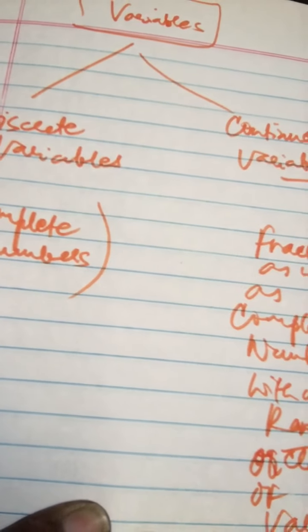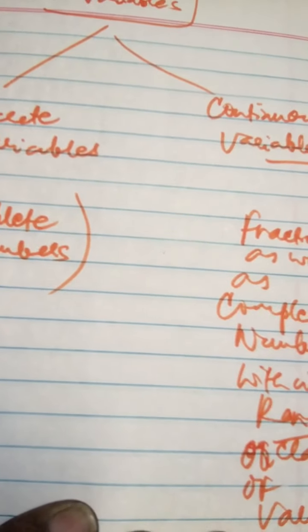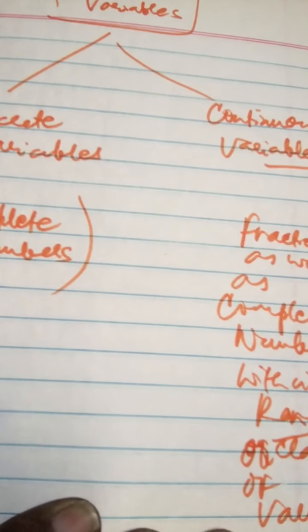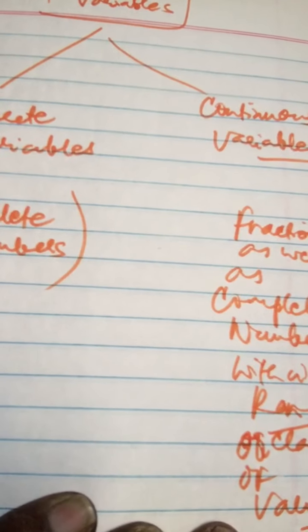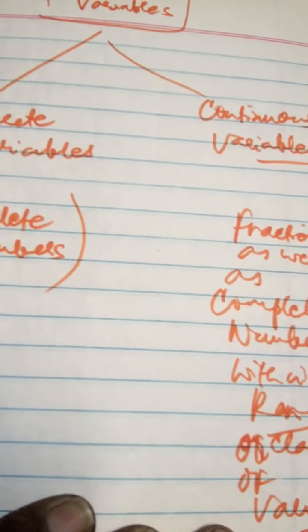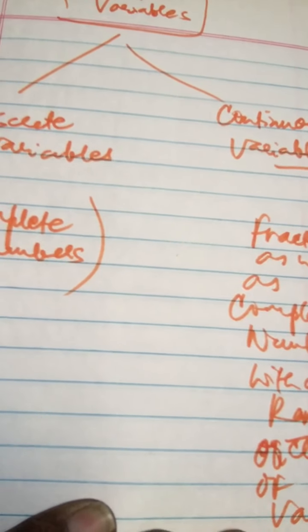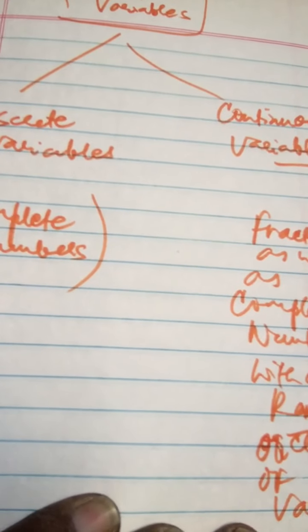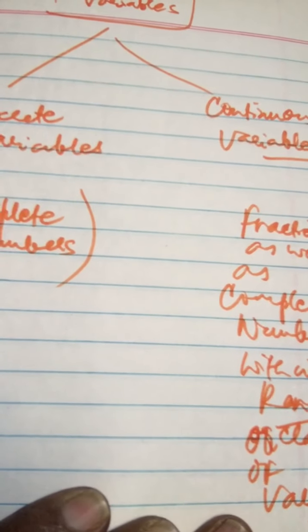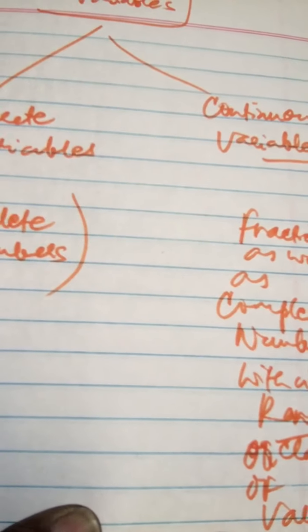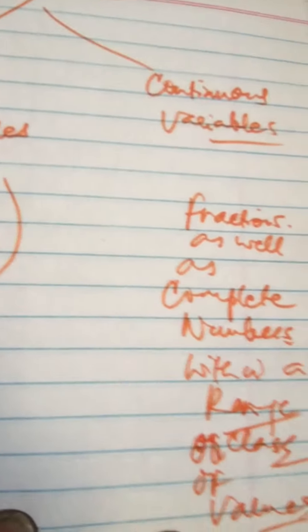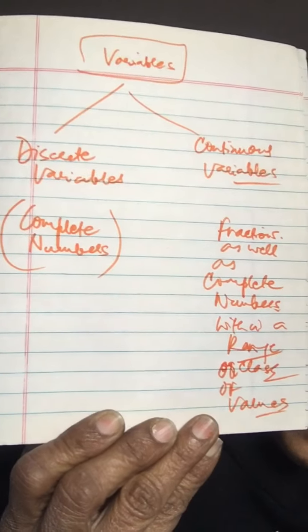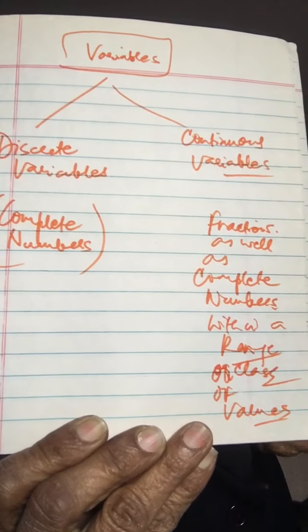For example, in continuous variables, you can express the heights of the boys or the children, students, as 5 feet 1 inch, 5 feet 2 inches, 5 feet 3 inches, and so on. To go further, let me tell you once more what a discrete variable is.